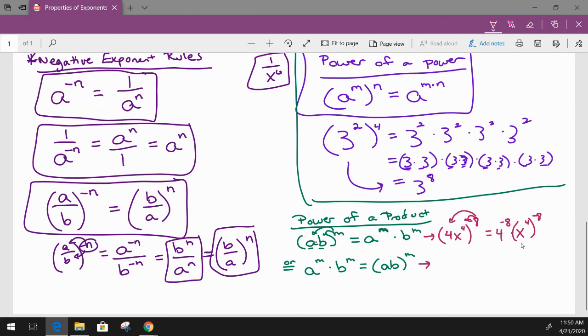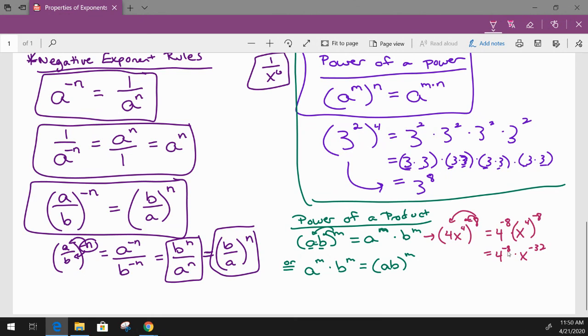So then if we multiply our exponents together, so now we have our power of a power rule, the negative 8 and 4, we have two exponents there. So we would have 4 to the negative 8th times x to the negative 32nd.